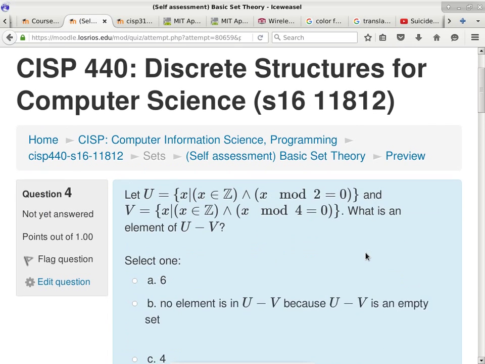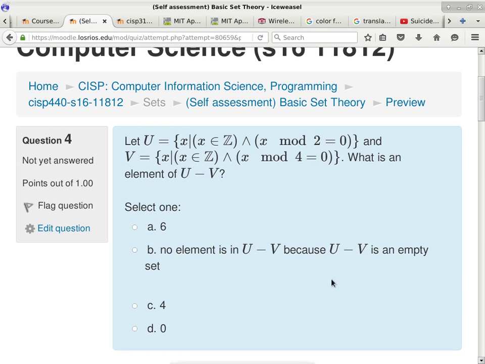Next one. This one is asking, if you let U be a set of multiples of 2, and V is a set of multiples of 4, what is an element of U minus V?